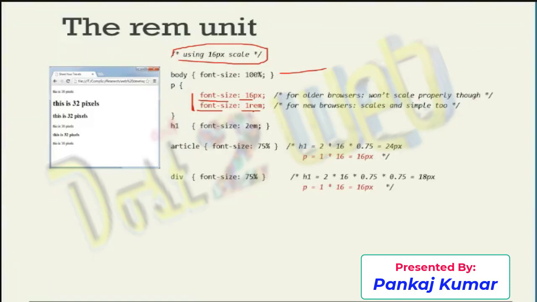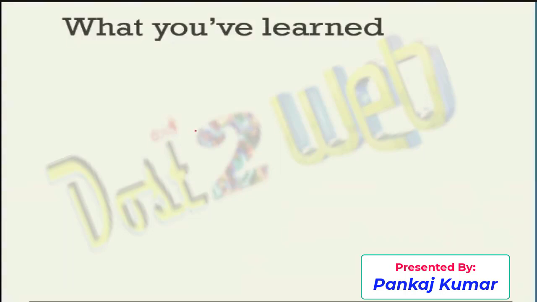For a newer version, it will scale accordingly and display. The same way for the article, you are giving 75%. With H1 at 2 EM, that means 2 into 16 into 0.75, and it becomes 24 pixels. The same way for the paragraph, you can calculate and define this REM unit.